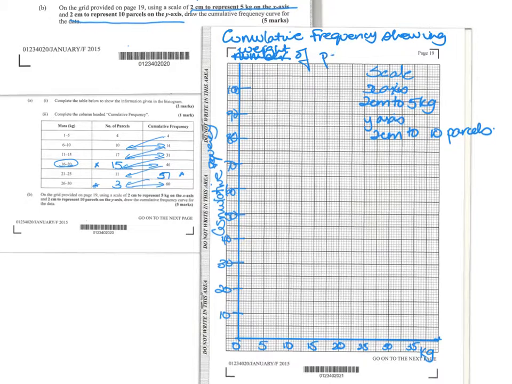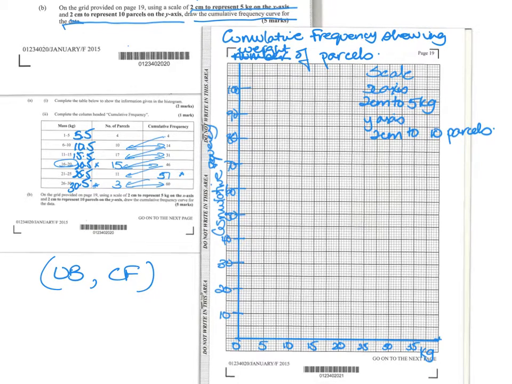They have told us on the y-axis they want 2 centimeters to represent 10 parcels. So on the y-axis this would be the number of parcels, or cumulative frequency. Now, on the y-axis, every 2 centimeters would represent 10 parcels. That means that every little block represents 1.